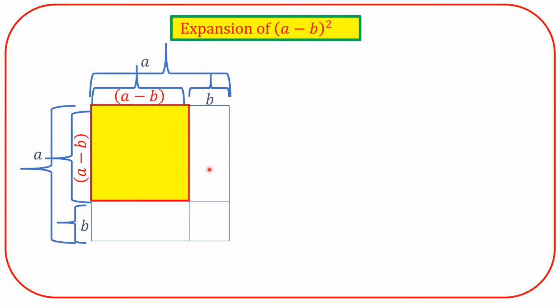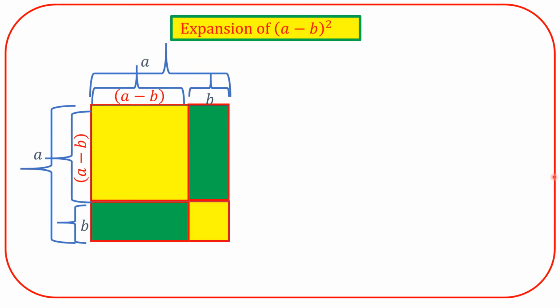Now here 1, 2, 3, 4 parts are there. First highlight this part. Now the area of this larger yellow square is (a - b) whole square. Green rectangle: length is a - b, breadth is b.